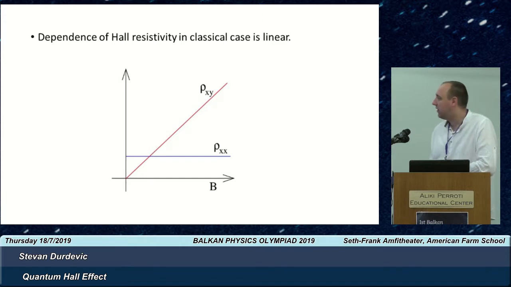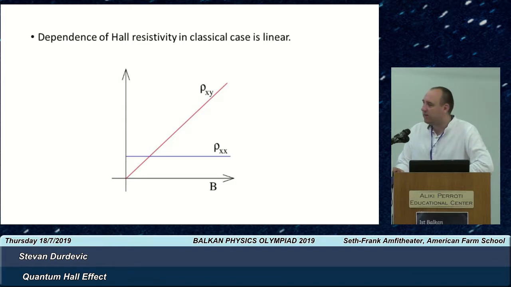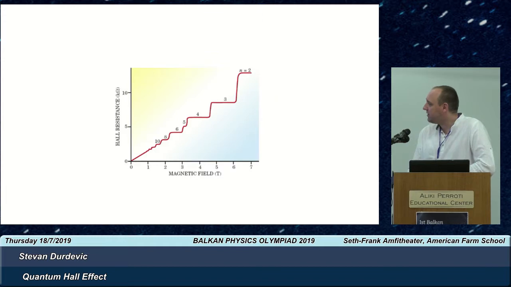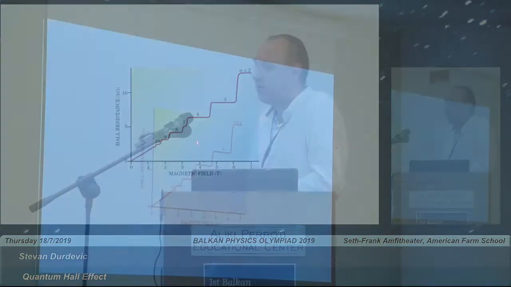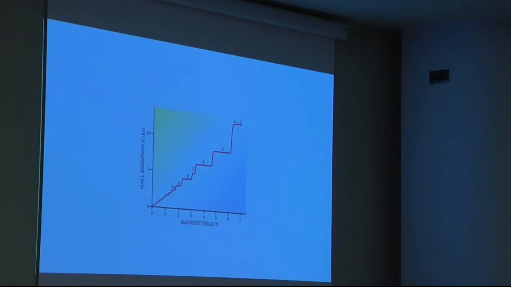And in, I think, 1980, Klaus von Klitzing discovered some strange things. The dependence of Hall resistivity on magnetic field is not linear, but this dependence has plateaus. And plateaus emerge at very special values of magnetic field.